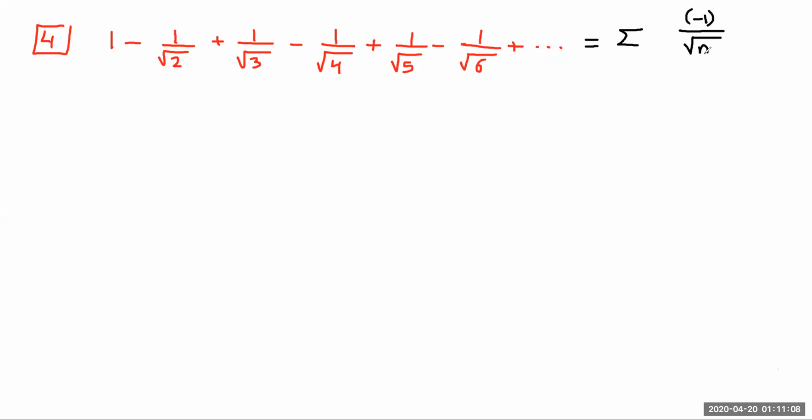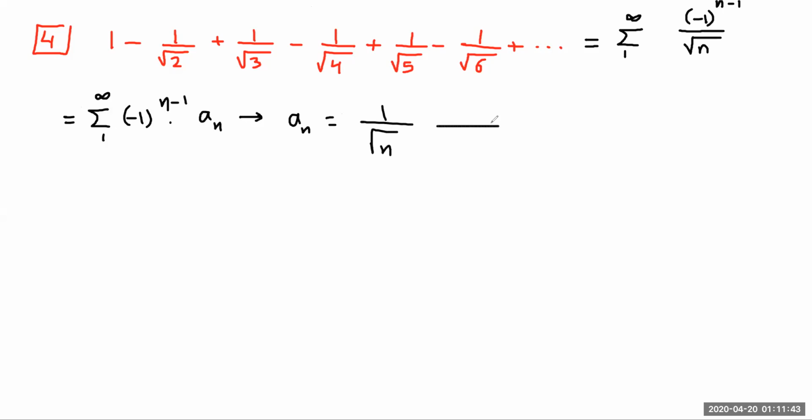If I give n equal 1, it will be minus, but the beginning is plus. So let's write here n minus 1, for example, from n equal 1 to infinity. So this series is equal to the sum of minus 1 to the power n minus 1 times a_n from 1 to infinity. Let's take a_n here as 1 over root n.